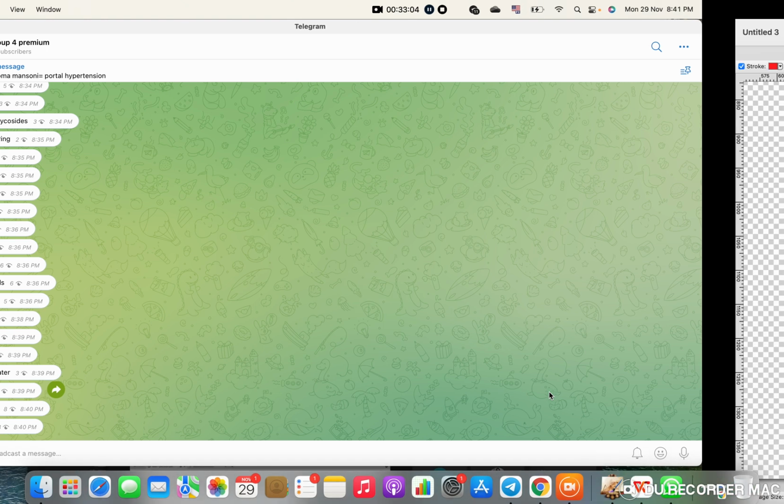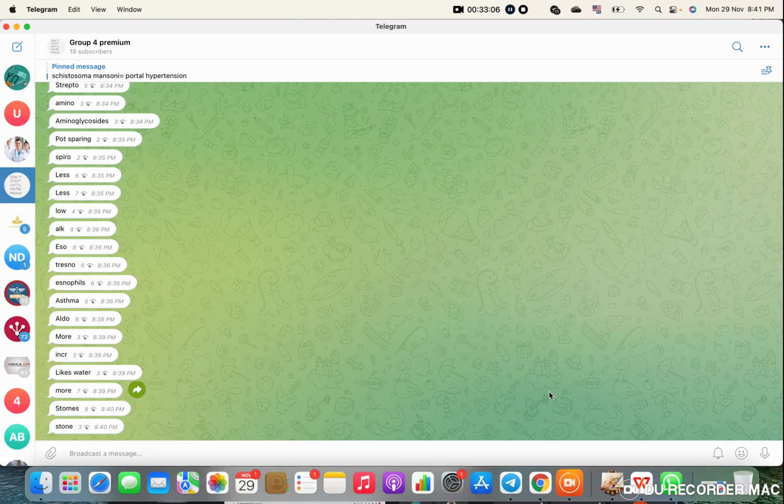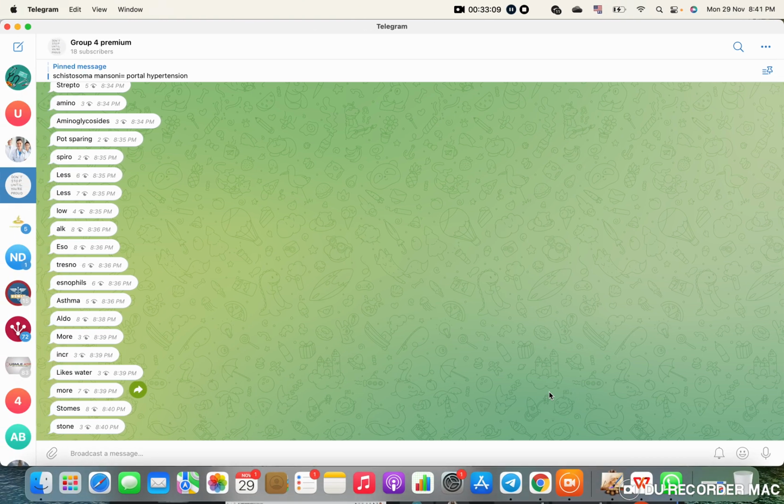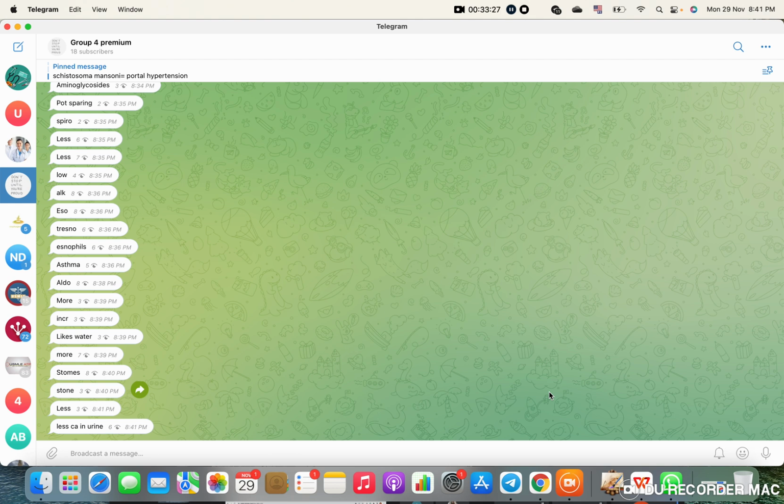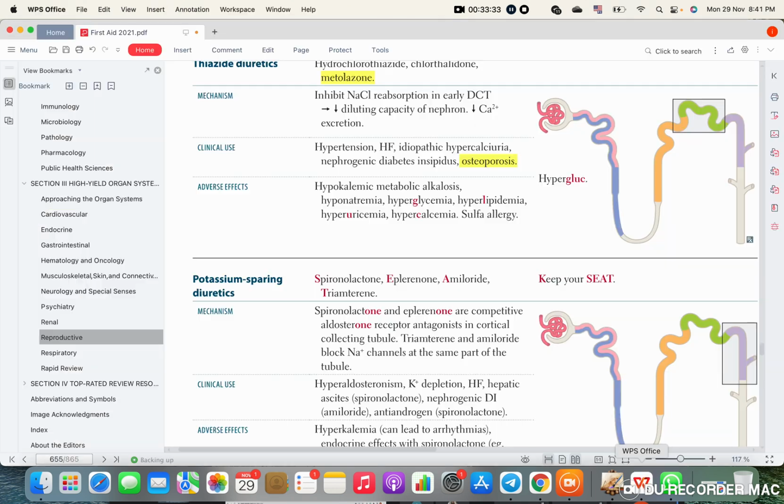Yes, they are at higher risk of developing stones. So if I give them a thiazide, will the thiazide lead to less calcium or more calcium inside of the urine? It will lead to less calcium inside of the urine. So if the patient has less calcium in the urine, that will lead to less risk of forming stones. Yes, and that's what we want.